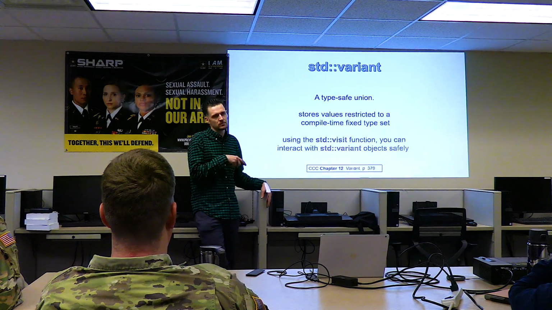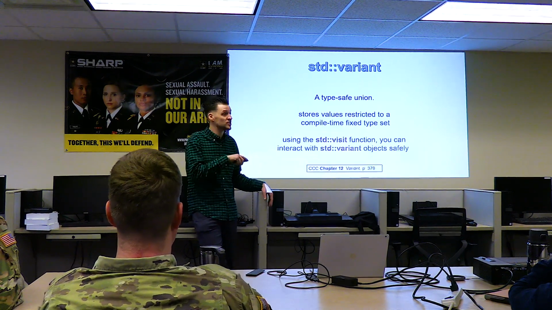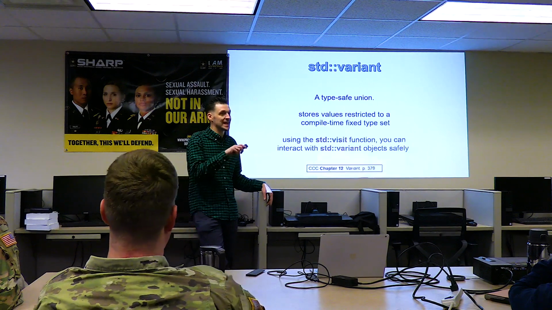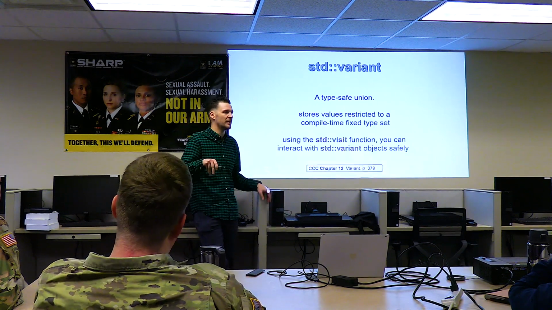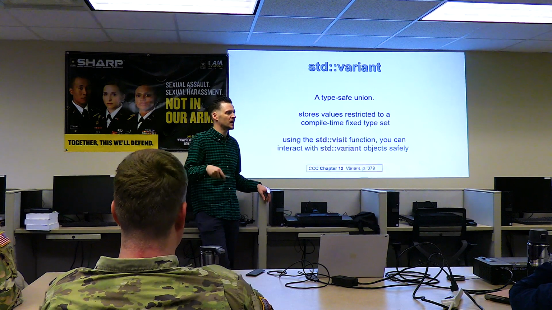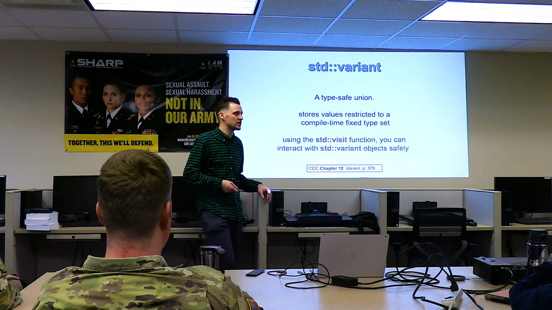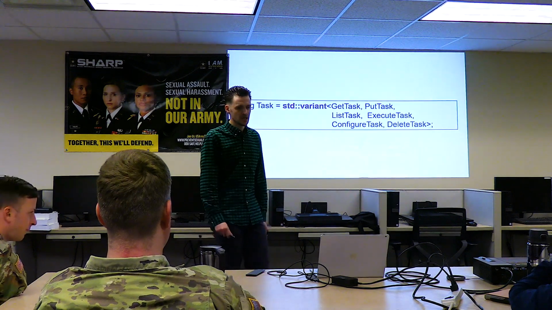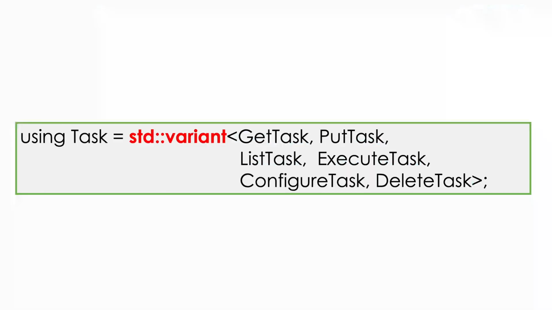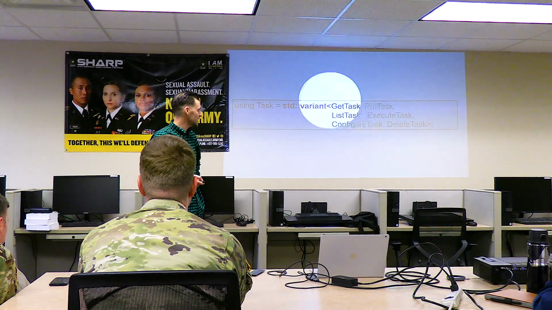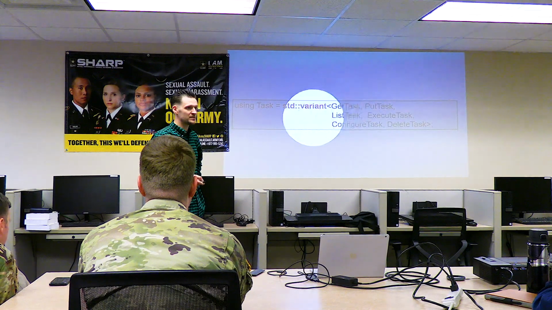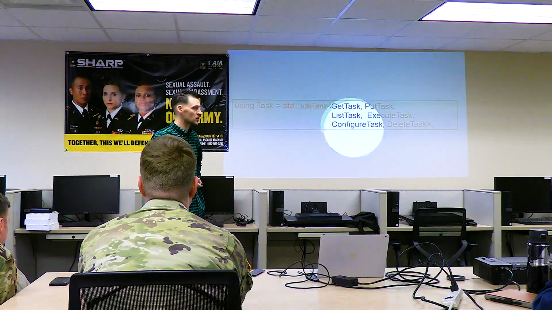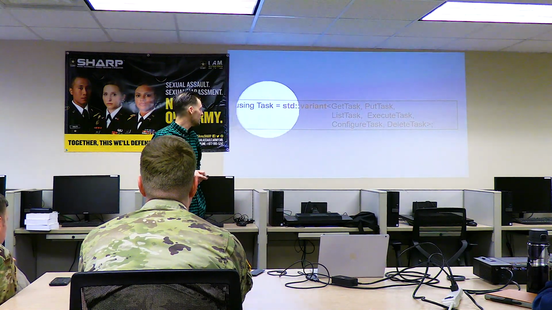There's another similar object called std::any, which is less restrictive. You don't have to tell it at compile time what types it can be. I chose variant because we know the tasks that we're going to take, but that's another option. Okay, so this is a syntax for basically saying, hey, this huge cumbersome definition here, I don't want to be using this all over the place, please use this.